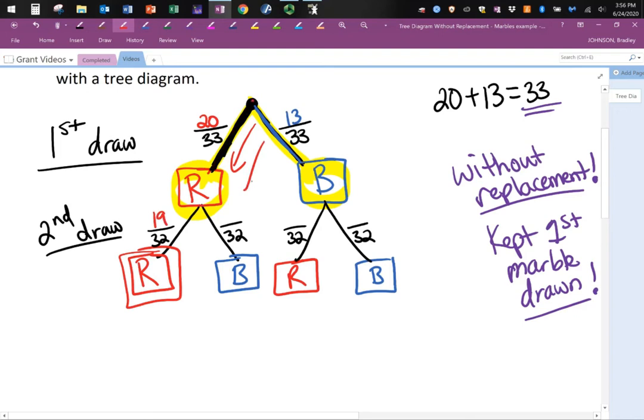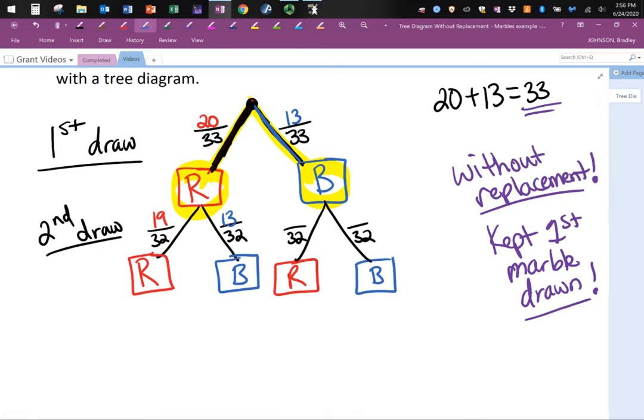And then if we're still down this path, but now let's branch to the blue marbles, well, if you picked a red marble in the first drawing, you never even touched the blue marbles. So in the jar, there's still 13 blue marbles. You only grabbed one red one, plucked it out, and kept it to yourself. So that would complete that pathway.